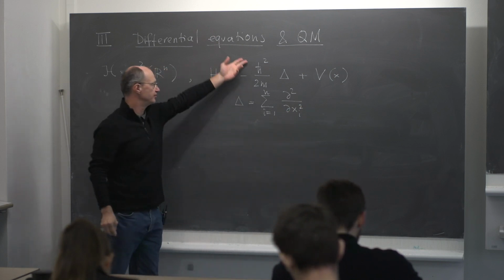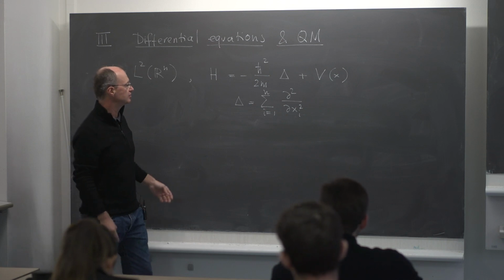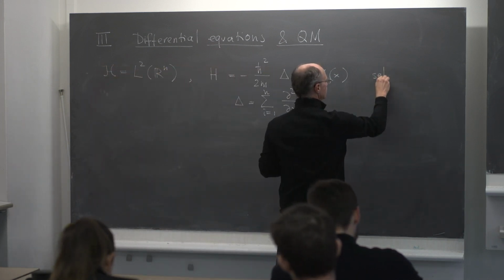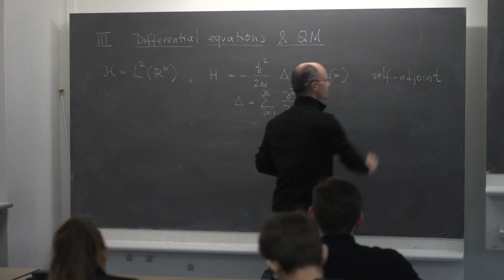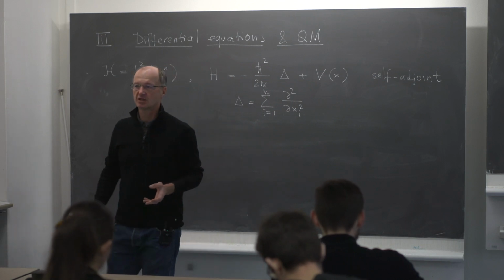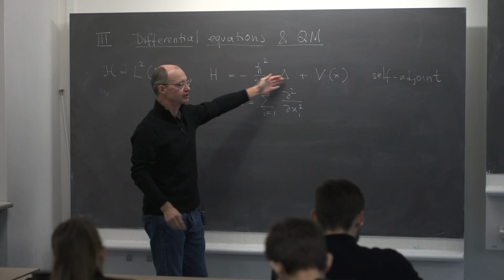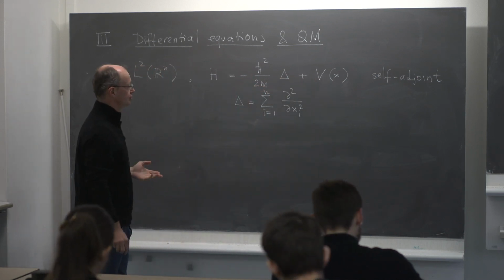So here there are some physics constants, the Planck's constant, the mass of a particle. So V of x is a potential, and of course we want this operator to be self-adjoint on some domain. So before we had some kind of criteria which tell us in which cases such operators are self-adjoint.